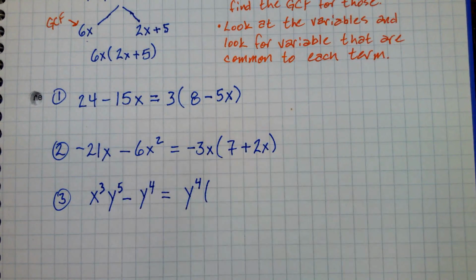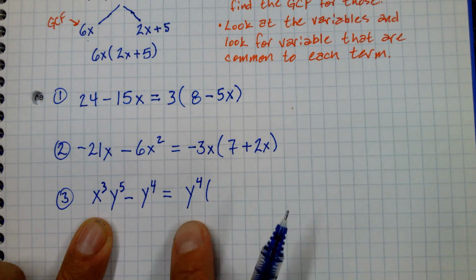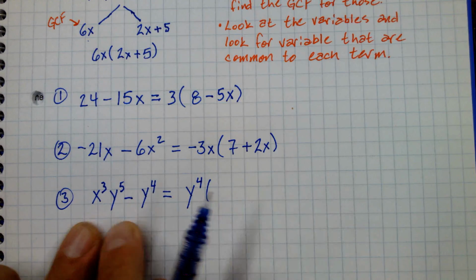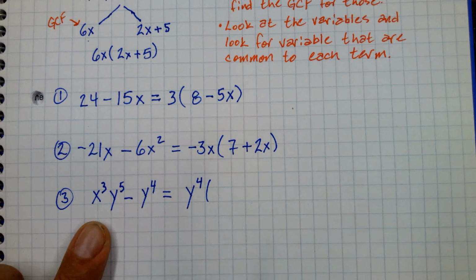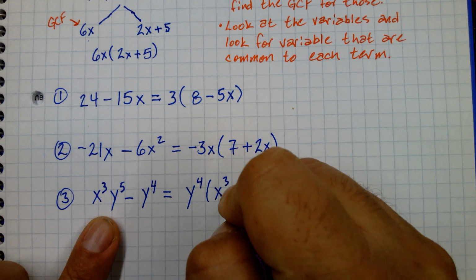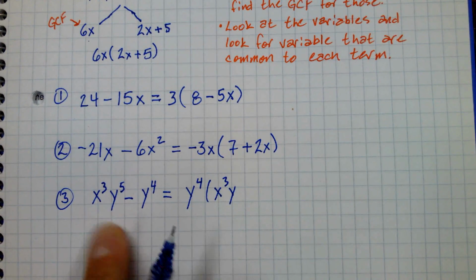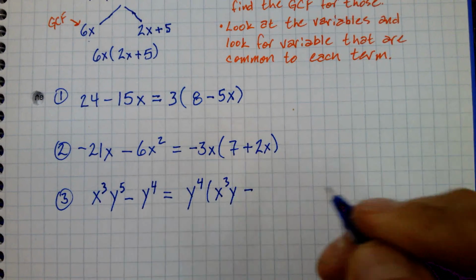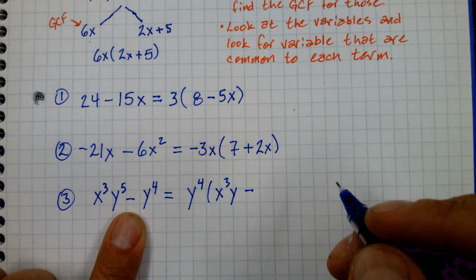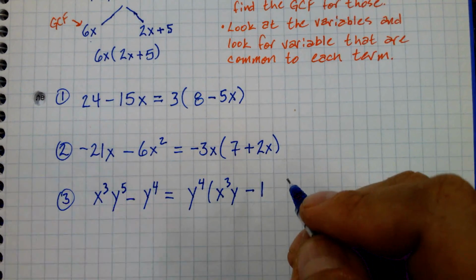So now let's see what we put back. Let's start with this. Y to the 4th times what gives me x cubed y to the 5th? X cubed y. X cubed and y, because if I multiply these together, I get that again. Minus, that's a good one. What do I still have a factor of 1 here because I took out everything.